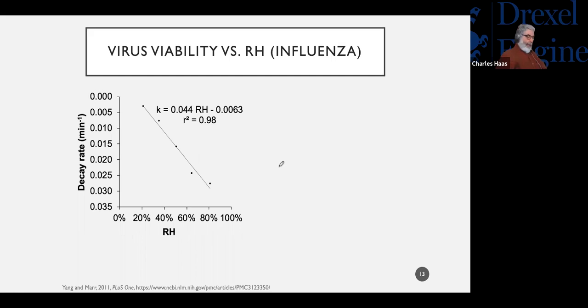Now, after the particles are released in the air, they can decay. The decay rate is a function of temperature, but it's also importantly a function of relative humidity. This is work by Professor Marr and one of her students. What's plotted here is the decay rate.